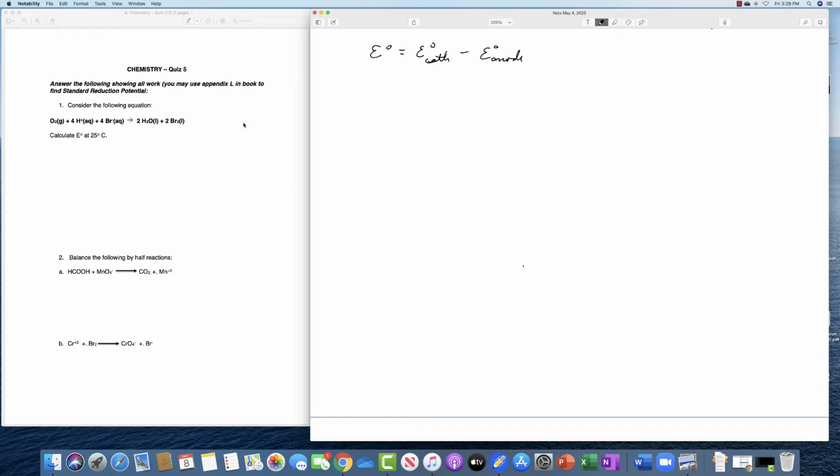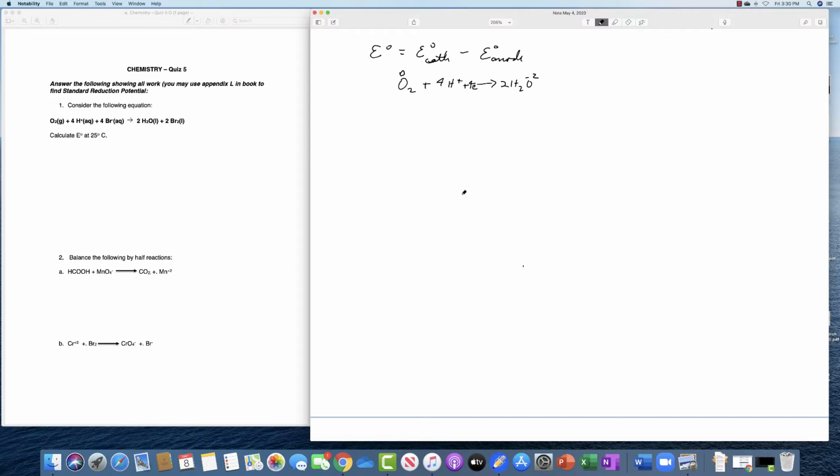So if we look at this, we see that O2 plus 4H plus goes to form 2H2O. Now, this has an oxidation number of 0. This has an oxidation number of -2. So for this to occur, you have to add 4 electrons here.